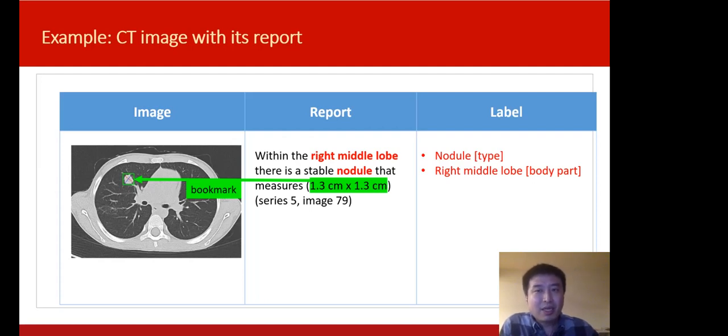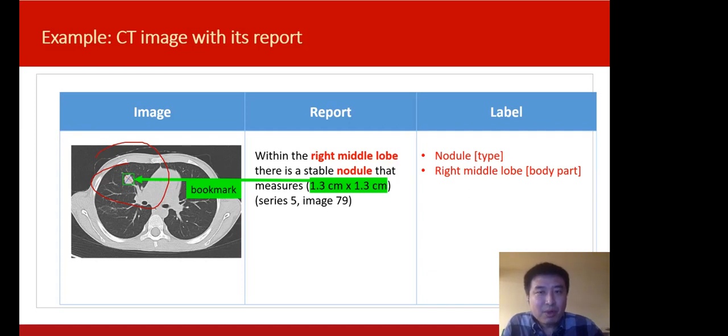In the CT image on the left side, there is an area of interest marked in green. The radiologist then wrote a sentence to describe this green box. The sentence says, within the right middle lobe, there's a stable nodule that measures this size. And then the radiologist links the sentence to the box by inserting a bookmark, also marked in green.